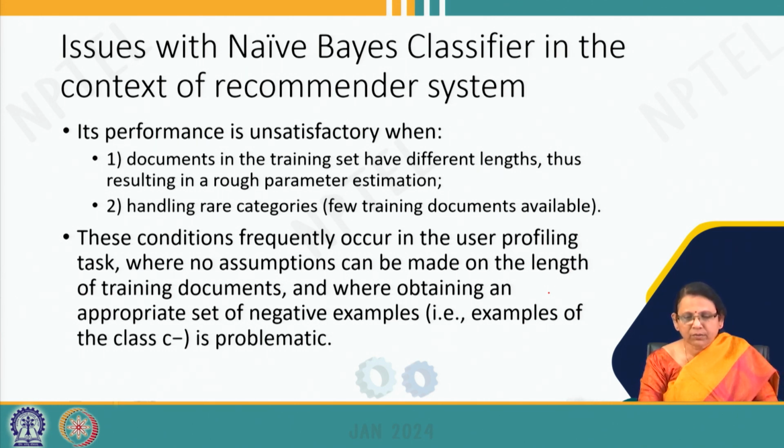These conditions frequently occur in the user profiling task, where no assumption can be made on the length of training documents and where obtaining an appropriate set of negative examples is problematic, because most of the time the person will be giving some rating, likes or dislikes, or on a Likert scale, but saying dislikes specifically on a Likert scale is also rare, for it cannot be 0.